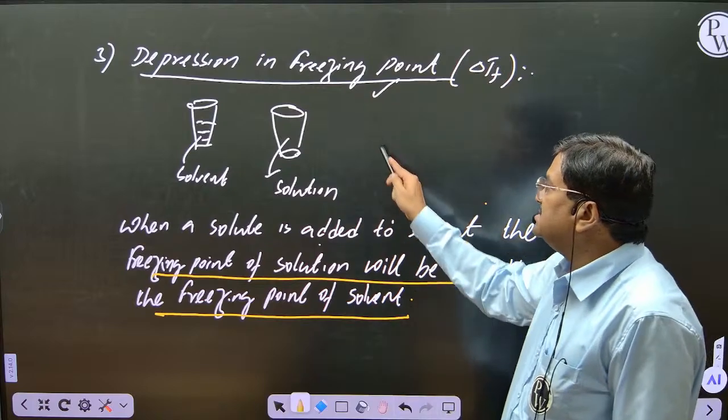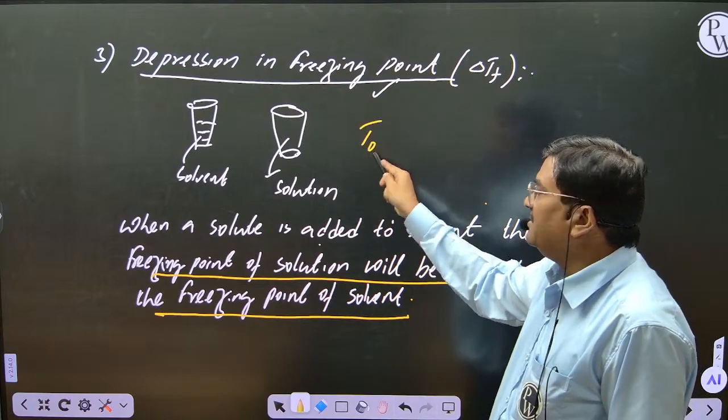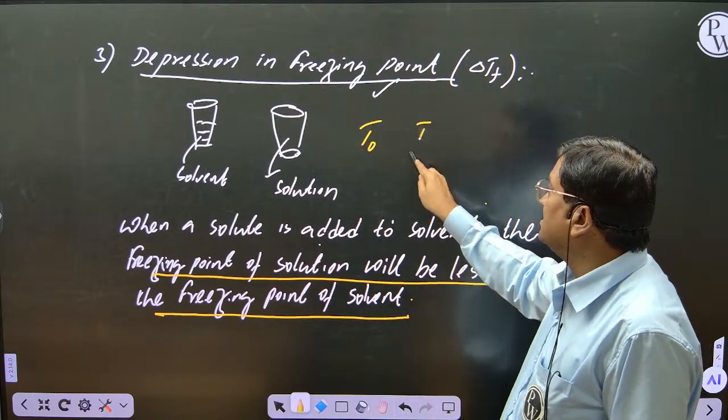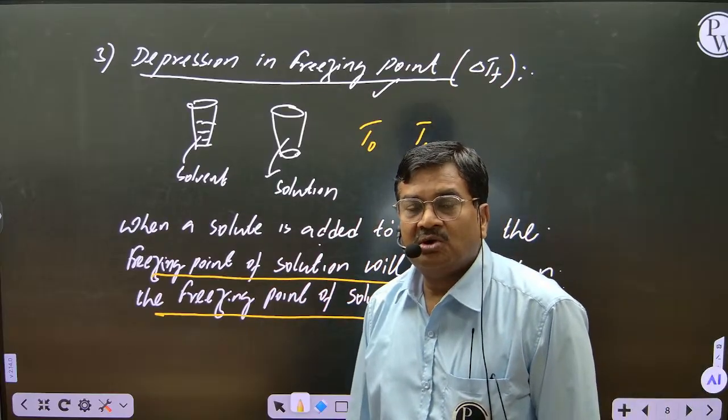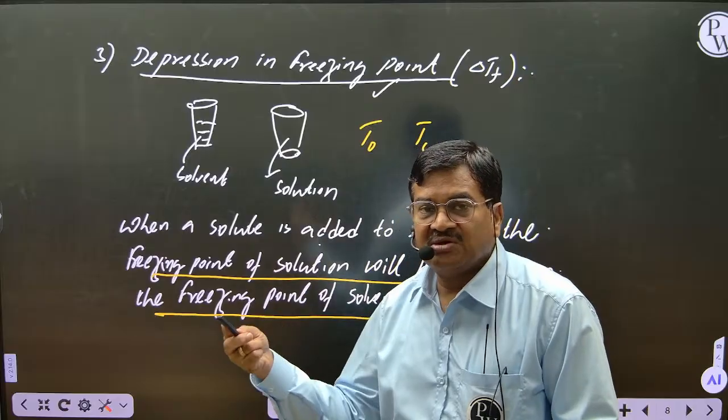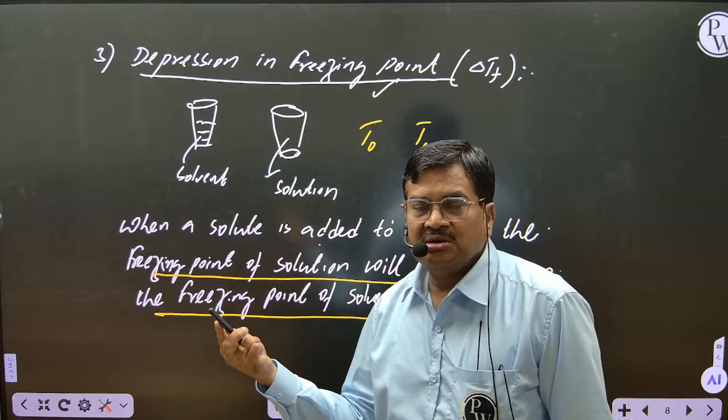That means, suppose the freezing point of solvent is T0 and the freezing point of solution is Ts. Now whose freezing point will be more? Just opposite. In case of boiling point, the solution's boiling point would have been more.